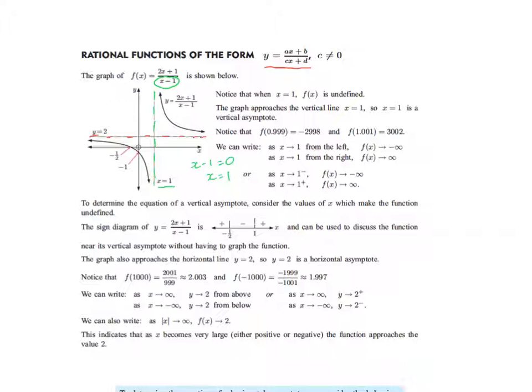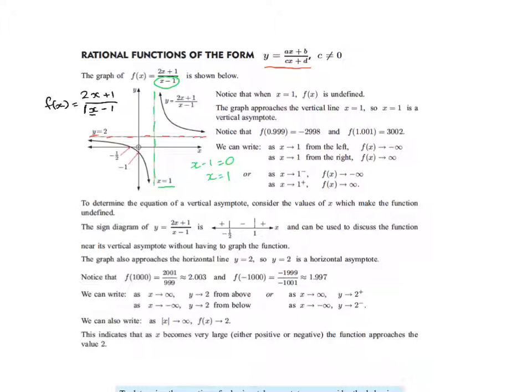Basically, if you look at any function, the asymptote, let me just write it down. So here's our function, f(x) equals (2x plus 1) over (x minus 1). Now hopefully you know that x down here has an invisible coefficient of 1.